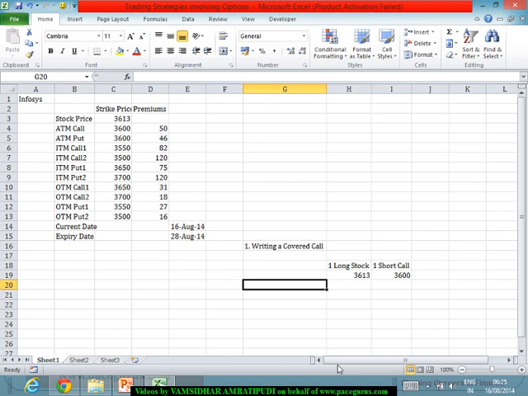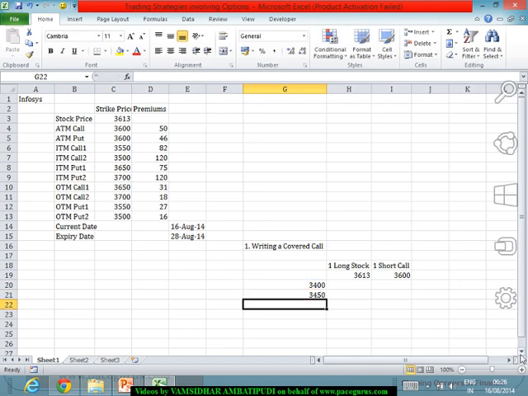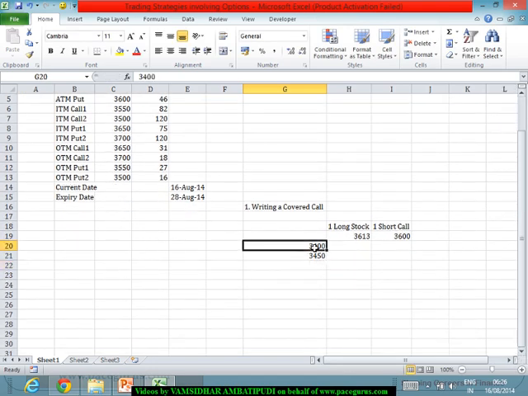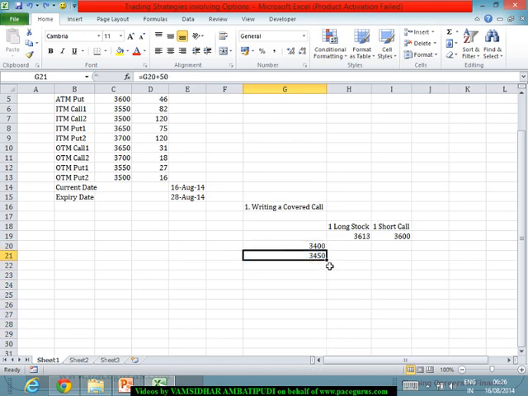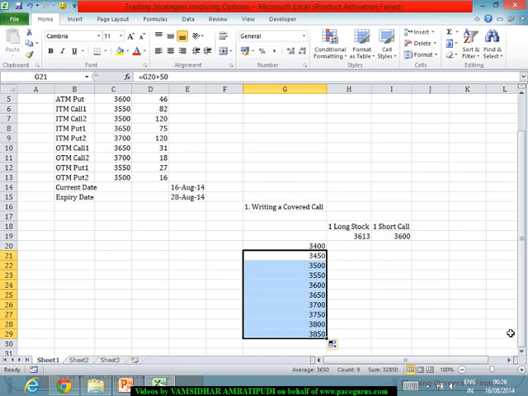Let's say I'll take the scenarios right from 3,400 onwards with a 50 increase across, up to 3,800 or 3,850.